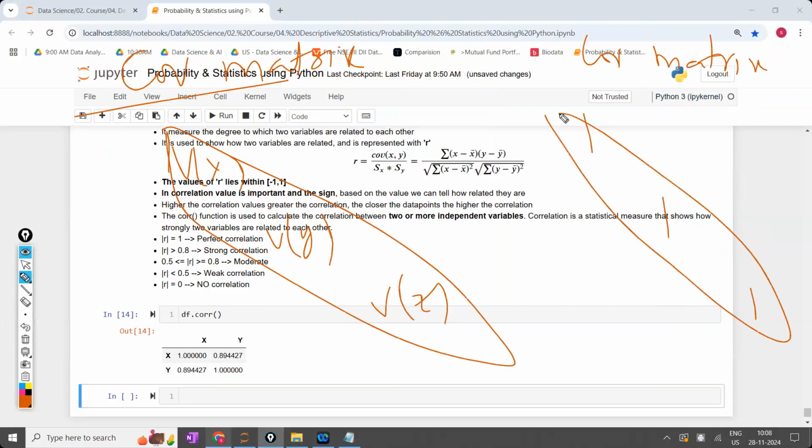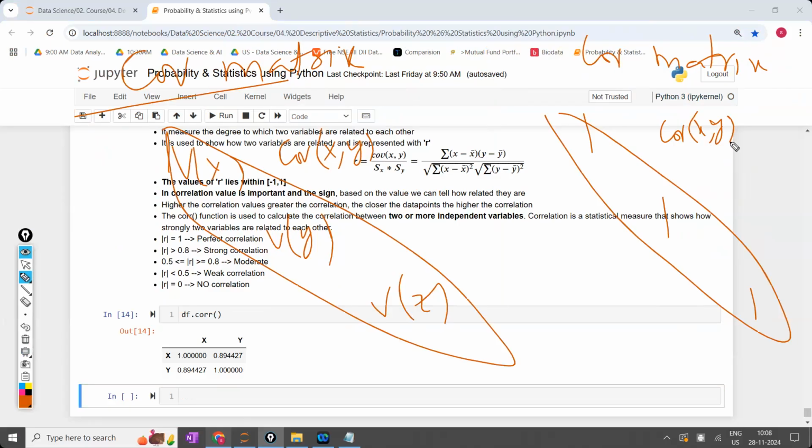Here the values are the covariance of x comma y, and here it is the correlation of x comma y. The upper triangle and lower triangle will be the same in both cases. It is always a symmetrical matrix, where the upper and lower parts are the same.